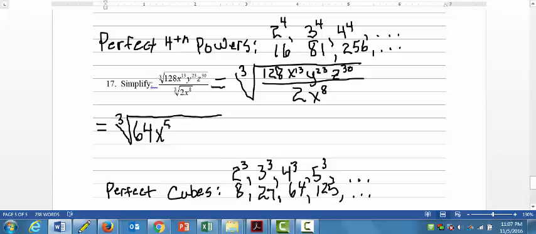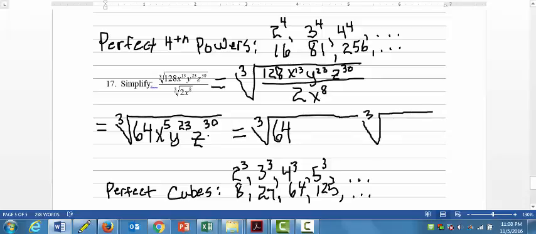And my radicand becomes 64 x to the 5th y to the 23rd z to the 30th. Remember, x to the 13th divided by x to the 8th is x to the 13 minus 8, which is 5. Now, this entire expression is not a perfect cube, so I'm going to use factoring and the product rule.